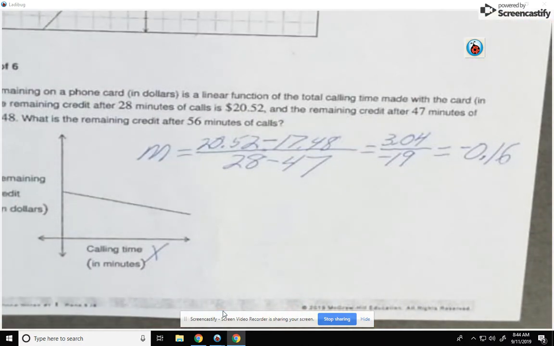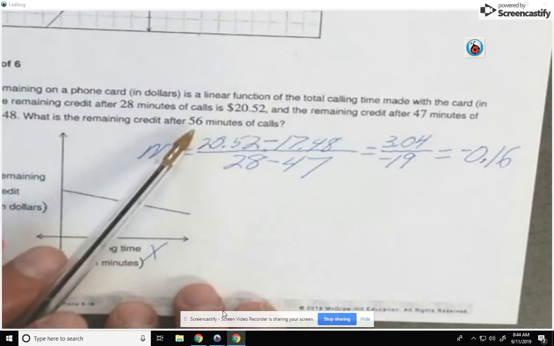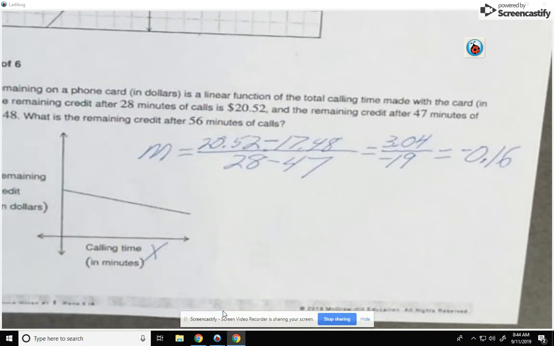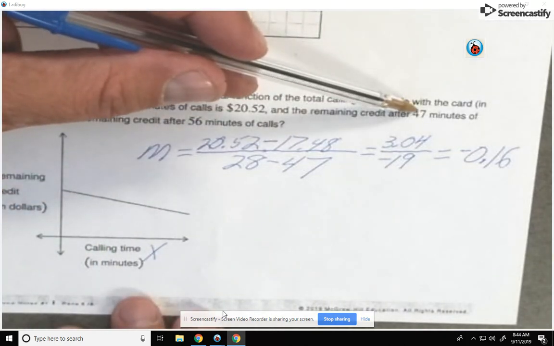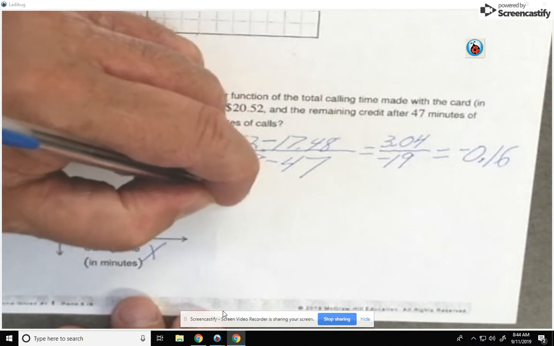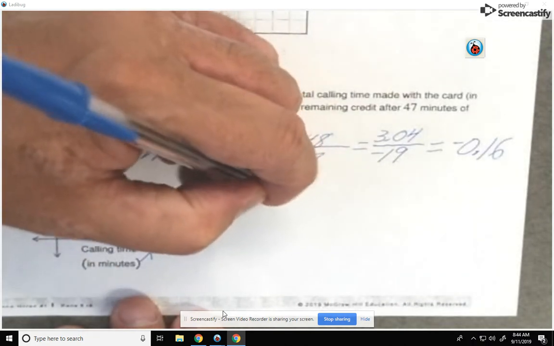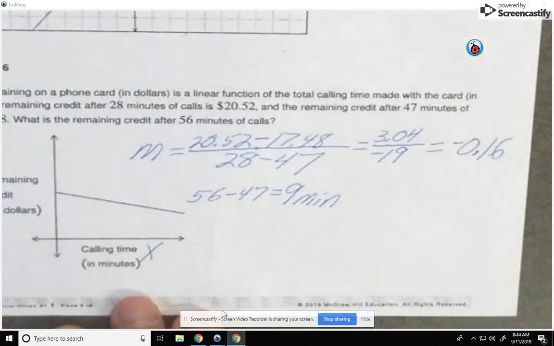Now that we have our slope, we can figure out how much money we have left after 56 minutes. I'm going to base this off of the 47 minutes. 56 minus 47 shows me I have a difference of 9 minutes from the 47.